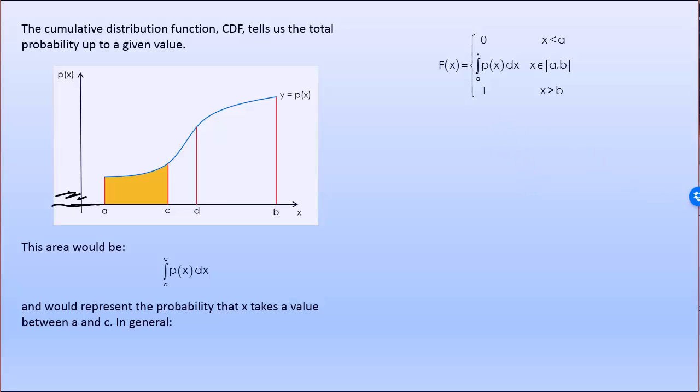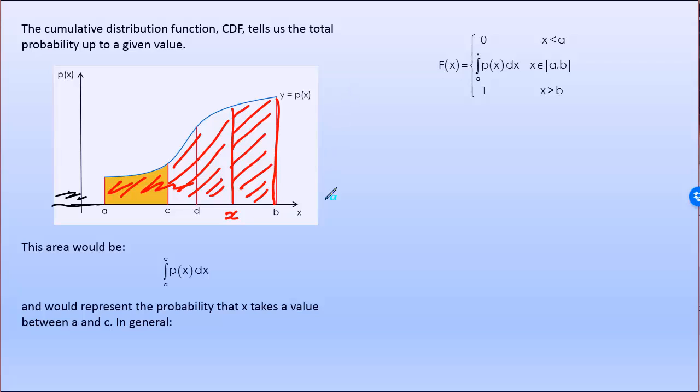Then in between, it's the integral from a to x of p of x dx. So for any particular value, like the c, so let's say this one is a general one, x, we'll add this area on, then we want this total area. So it's the integral from a to x of p of x dx, and then 1 from then on, because once we reach the total probability of 1 when we get to b, we can't add any more area on.